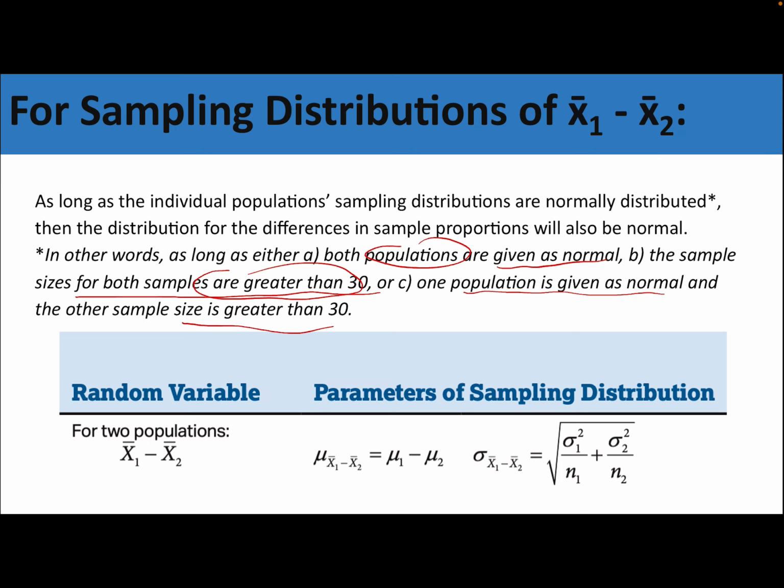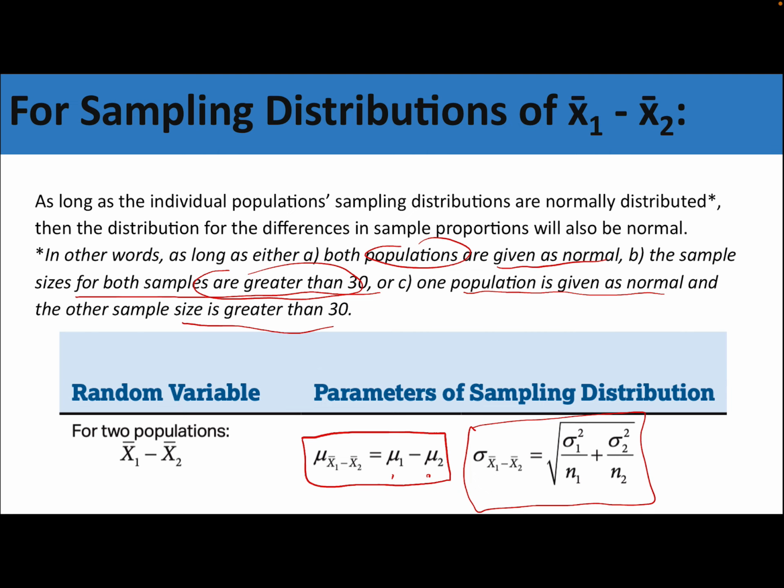So as long as one of those things is true for both populations, then our sampling distribution of differences is going to be normal. And then our formulas are telling us the mean of the sampling distribution is just the 2 population means subtracted. And then the standard deviation, right?